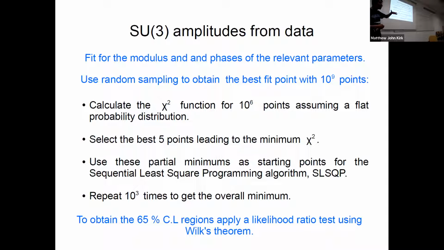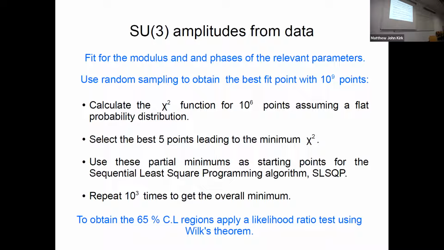Then you use these 5 points as starting points for a more sophisticated search algorithm. And you repeat this 1,000 times, so in total 10 to the 9 points. That's how we obtain the minimum for fitting this parameterization to data.